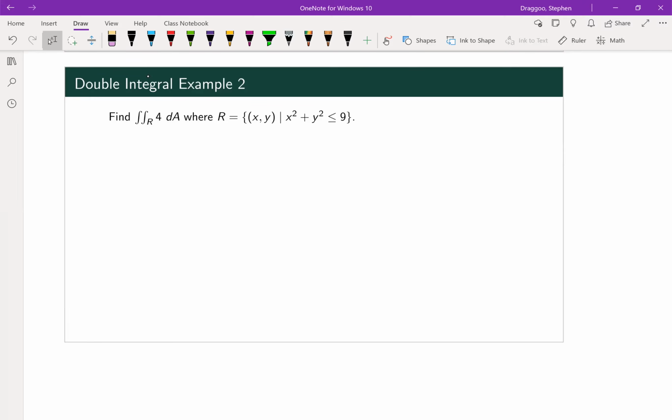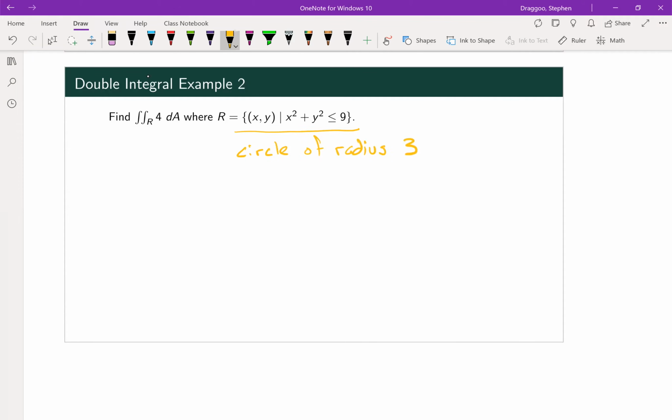So what we're really looking at here, if we just break down that region right here, is just a circle of radius 3.